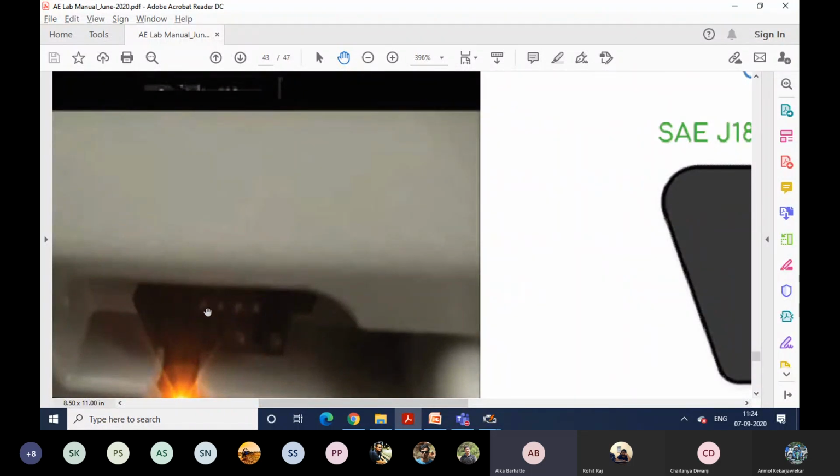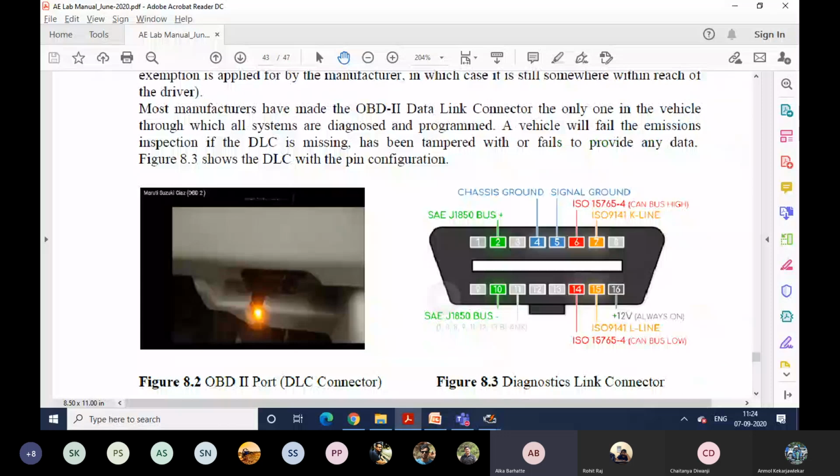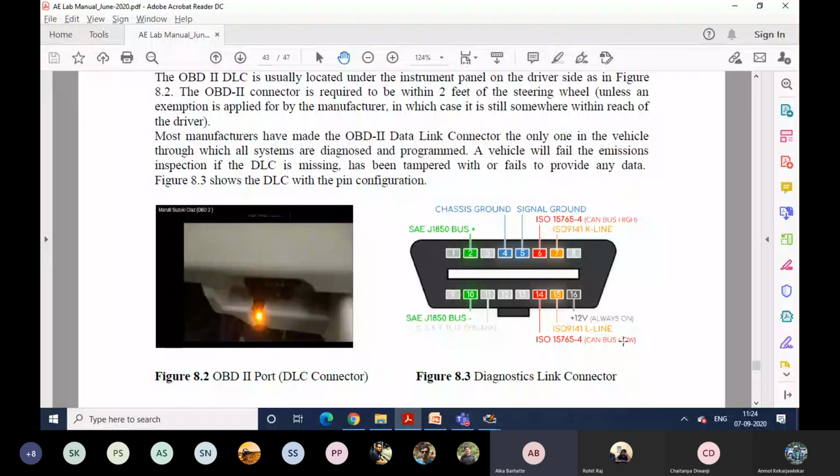It is usually closed, or in some vehicles it is open, so you can directly connect this dongle. Either you can directly connect scan tools which are wired, or there are various components which work on Bluetooth, so wirelessly you can access all the data through this connector onto scan tool related software.